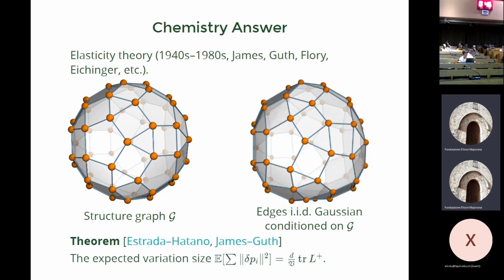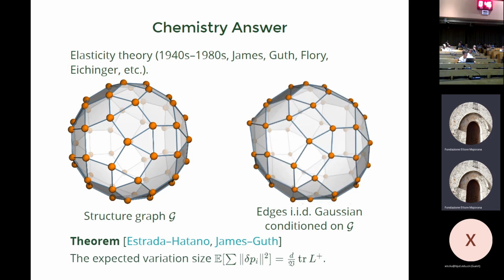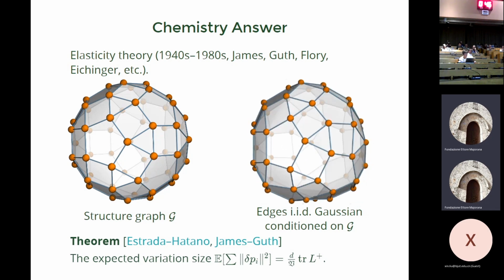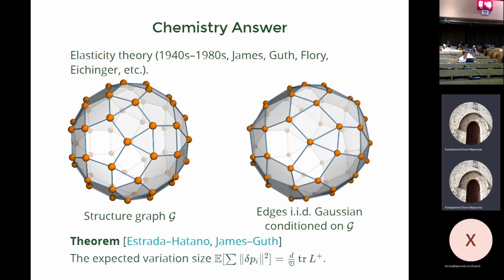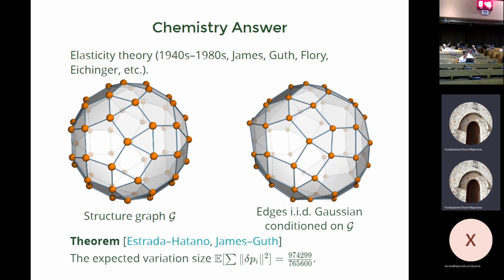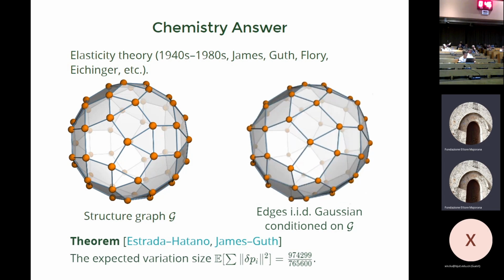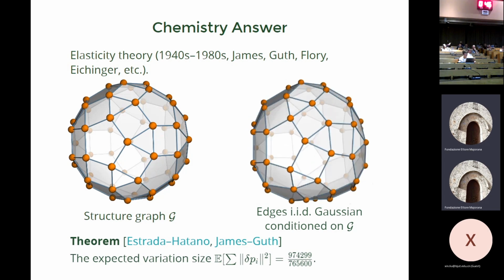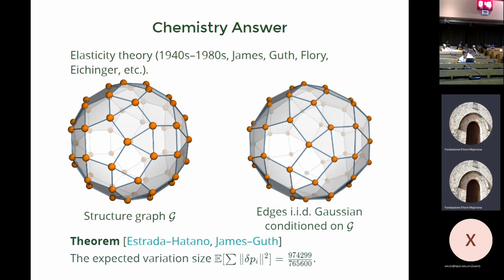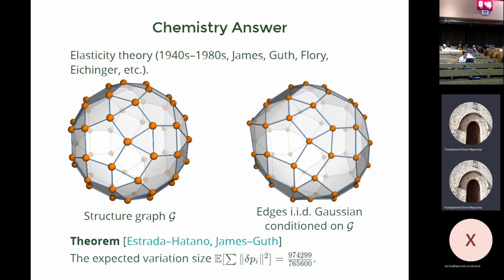This graph Laplacian is a very nice spectral graph theory object, a very combinatorial object that people have thought a lot about, and the fact that you get this beautiful answer is very cool. And for this particular graph, the answer turns out to be about 4/3, but an explicit rational number.